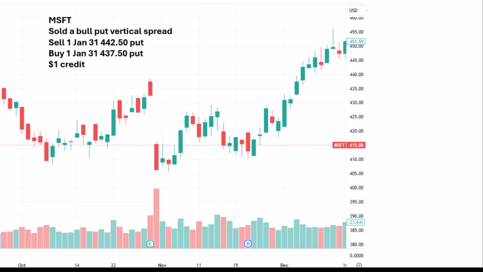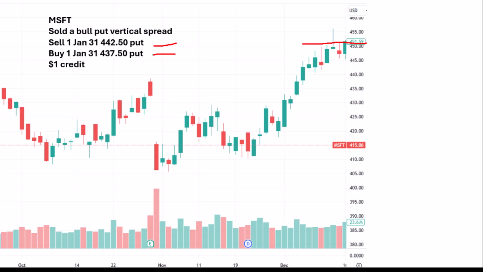So in this case, with the stock trading around 451, he went and sold the 442 and a half put at the January 31st expiry, and then as protection, bought the 437 and a half put behind it. And the reason you buy that put behind it is because you're basically not wanting to have full exposure to the downside with Microsoft.